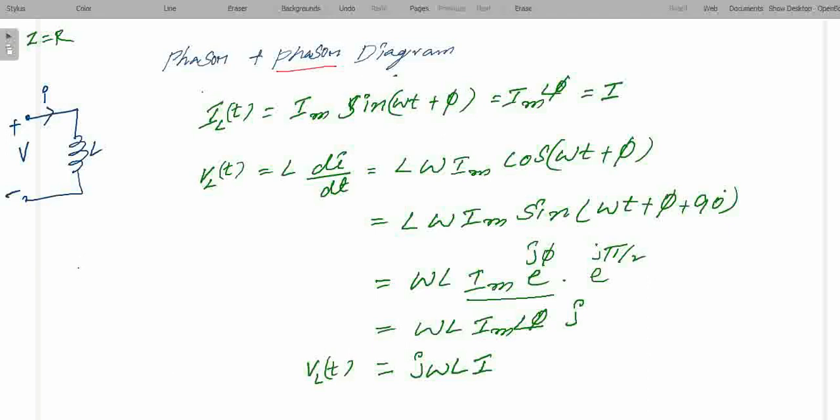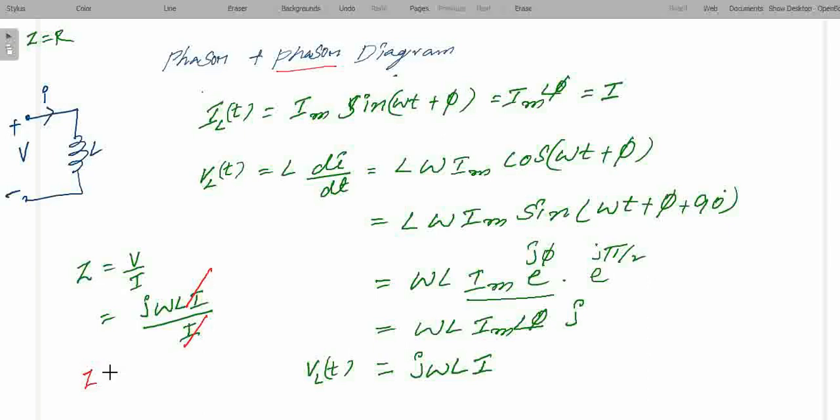Now let us see the impedance. Impedance Z is equal to voltage by current. The voltage we got is j omega L into I, and IL of t is equal to capital I. So this I gets cancelled.